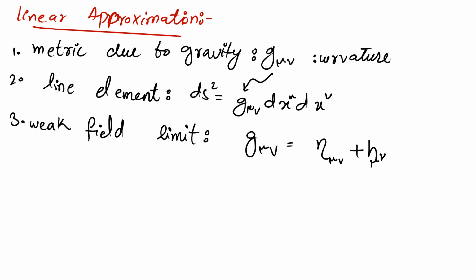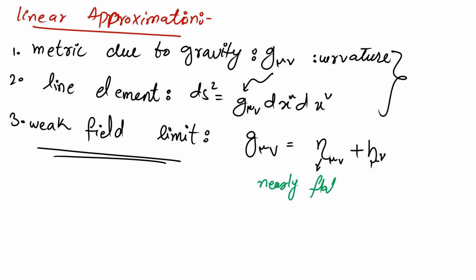These first two are for a general gravitational field, but the third one is only for the weak field. Here eta denotes almost nearly flat space, and h is the perturbation.